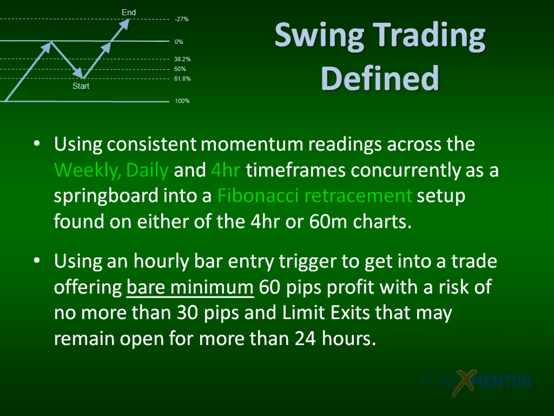There's nothing to say you might not look at that if you're scaling down the methodology looking for a day trade or a scalp. But a swing trade should provide at least 60 pips. Again, that's the bare minimum. We're typically looking for something more in the neighborhood of 100 to 200, maybe 300 pips from time to time if we get lucky. But we're still looking for reward to risk performance of 2 to 1 or better.